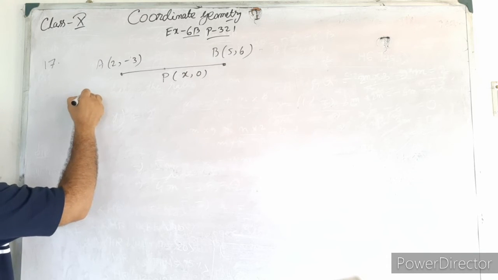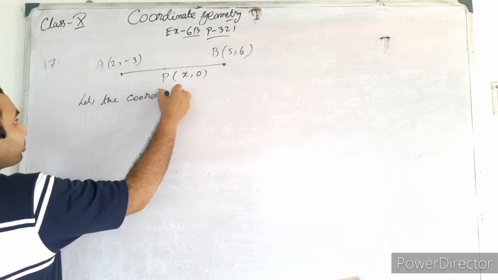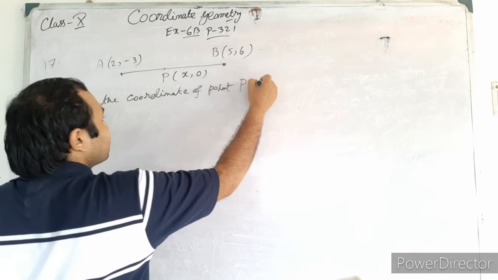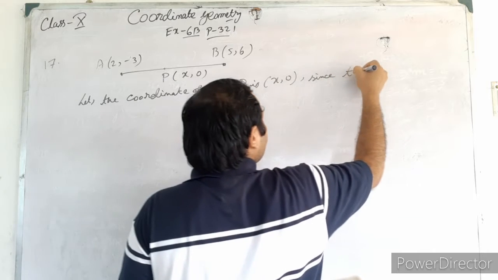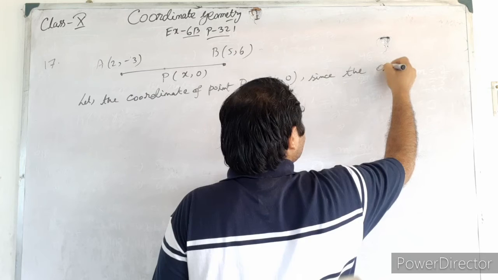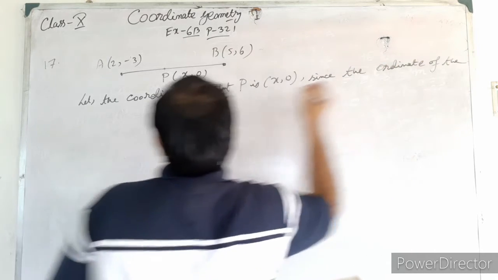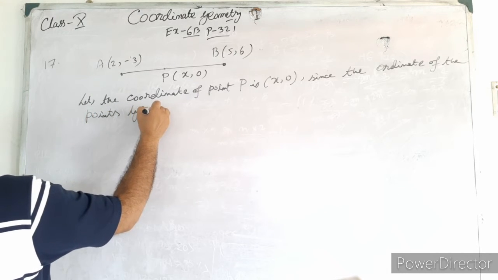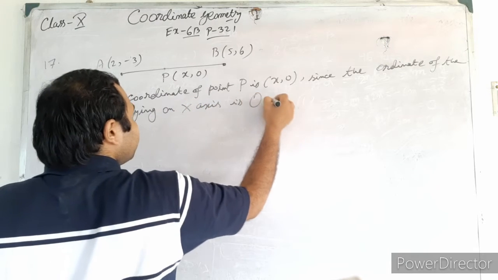I am writing here: let the coordinates of the point P be (x, 0), since the ordinate of a point lying on the x-axis is always 0.